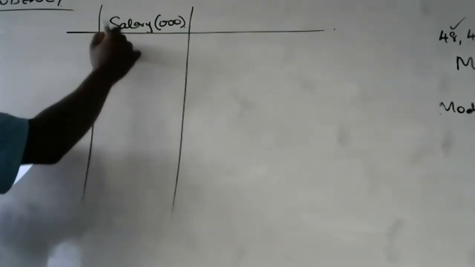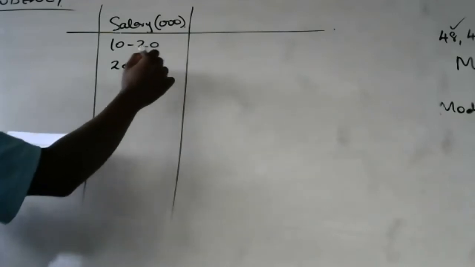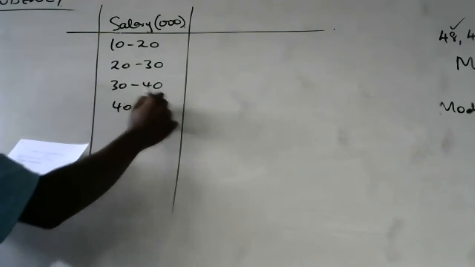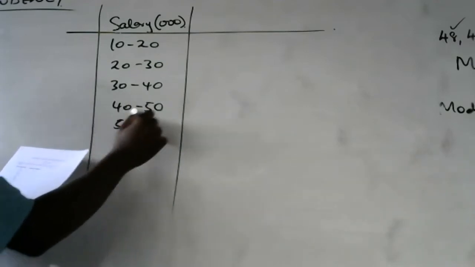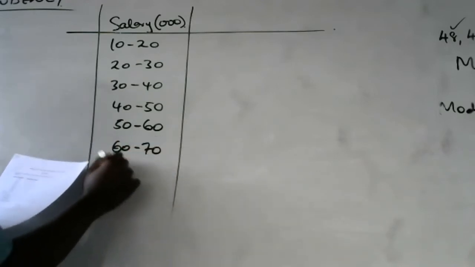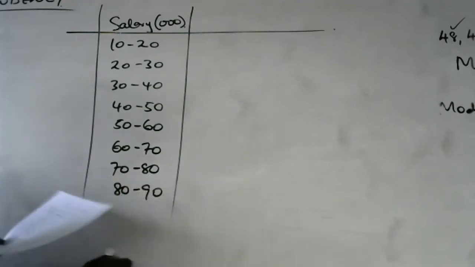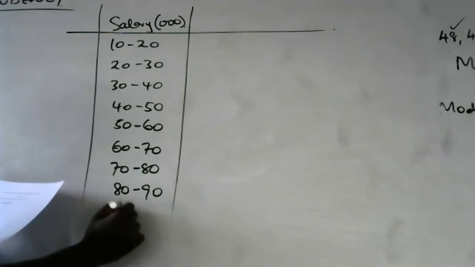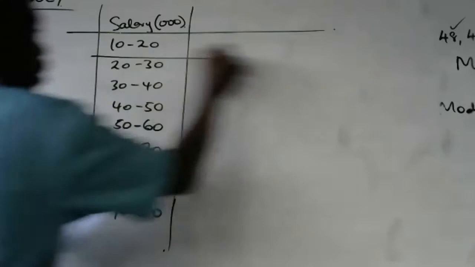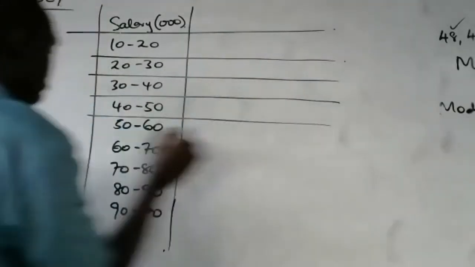We have got those who are earning 10 to 20,000, 20 to 30,000, 30 to 40,000, 40 to 50,000, 50 to 60,000, 60 to 70,000, 70 to 80,000, 80 to 90,000, and then 90 to 100,000. Those are the salaries in terms of classes.